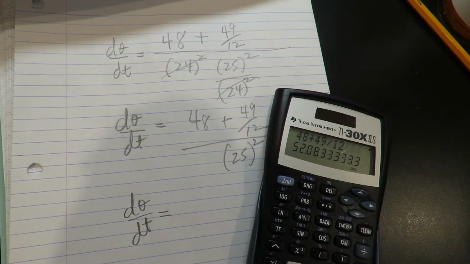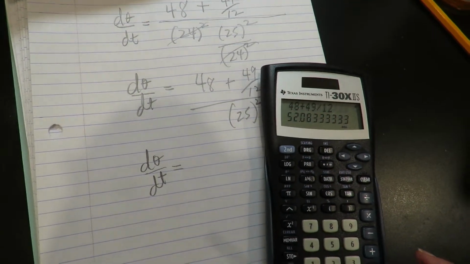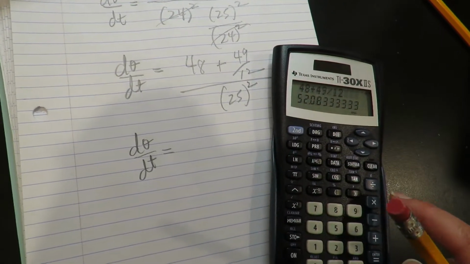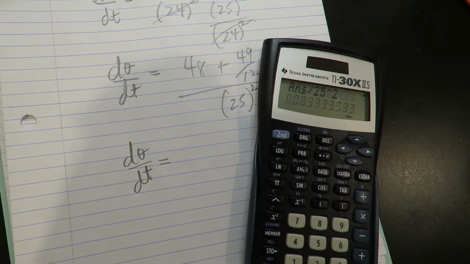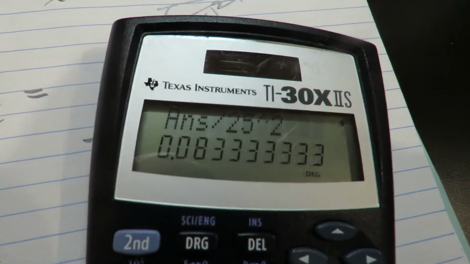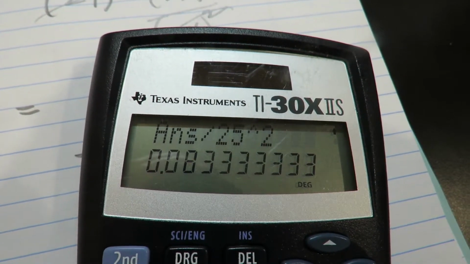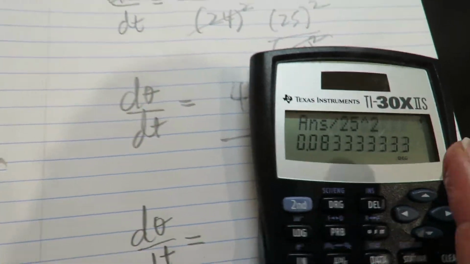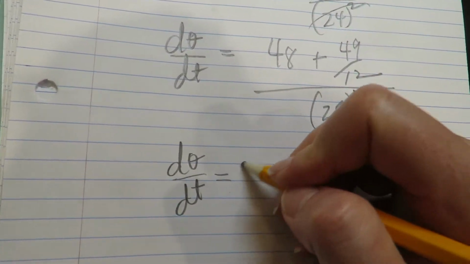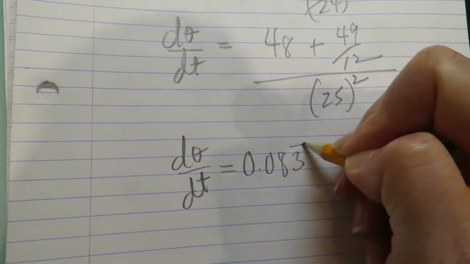I just like to hit equals here, which is about 52. And now I'm going to divide it by 25 quantity squared, and I'm getting about 0.083333. So I'm going to write that as 0.083 repeating.